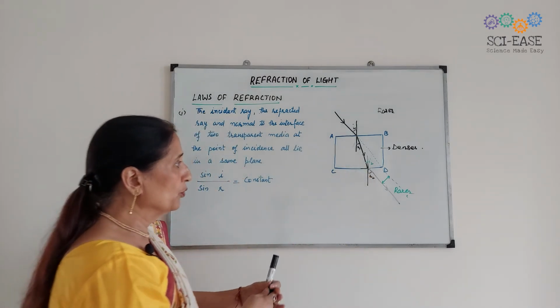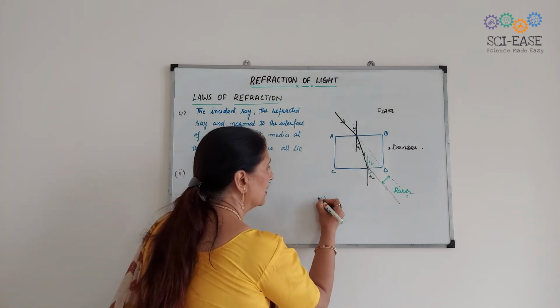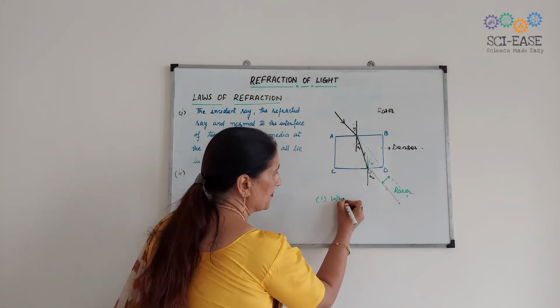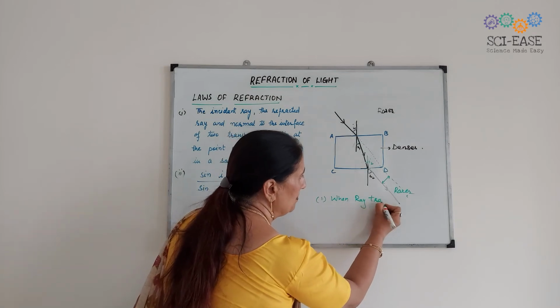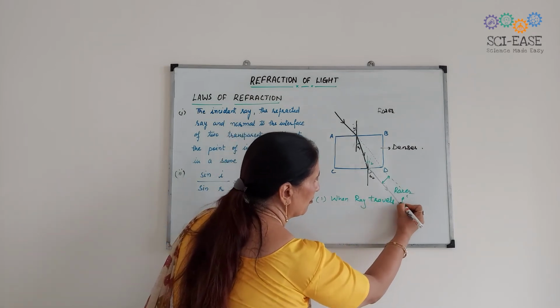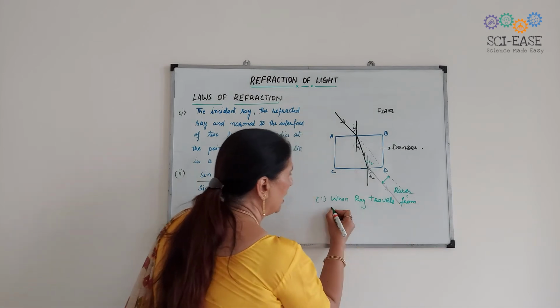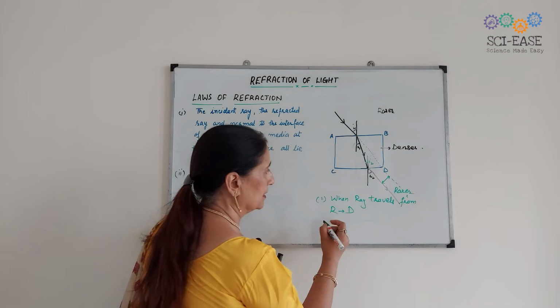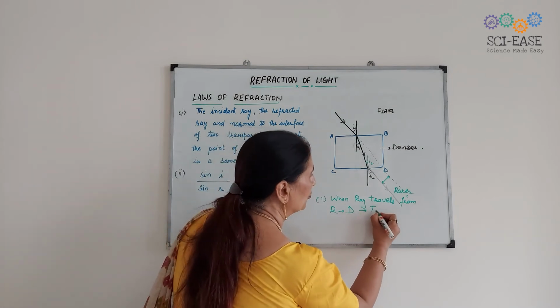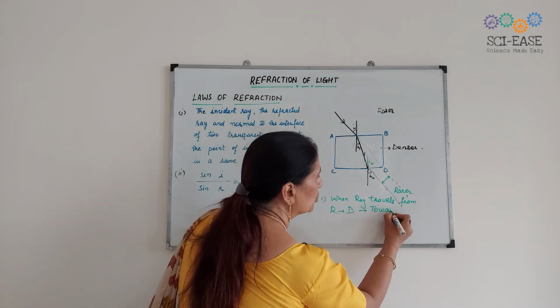So what you will note: when a ray travels from rarer to denser, it will bend towards the normal.